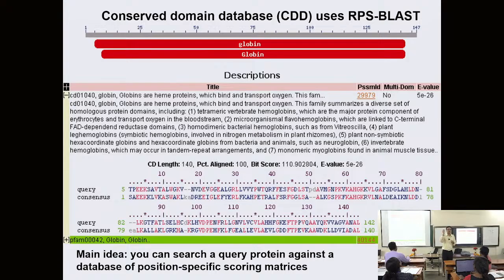So you can have a query sequence, and then you compare the query sequence against the database of models, and those models are position specific scoring matrices of different protein families, and determine which of these models is the best match to the query. Okay. The best match will be the protein family that the query belongs to. Clear? So this was BLAST.